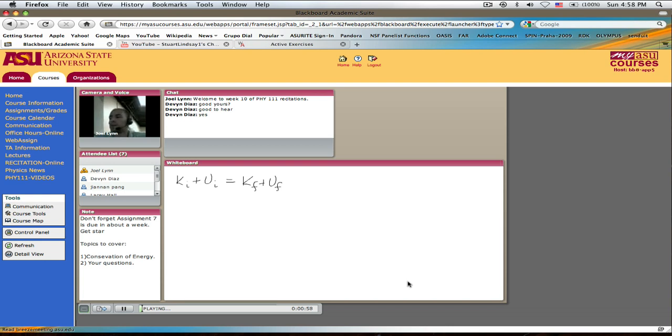Another theorem that you guys should know is the work-energy theorem, which says that if only a conservative force acts over some distance and does some amount of work, then that work will be equal to the change in the kinetic energy. So it just says this, right? K final minus K initial, like that.